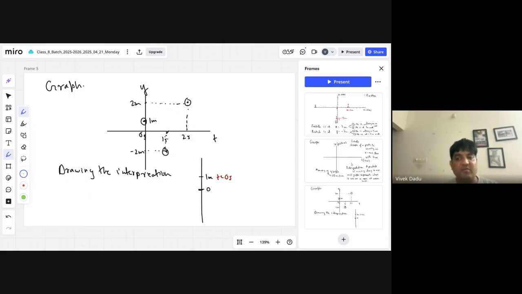Then at 1 second, where is he? -2 meter. And beside -2 meter, I write t equal to 1 second. Then 2 meter.